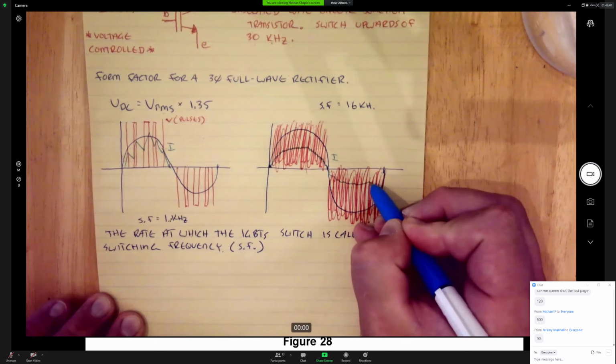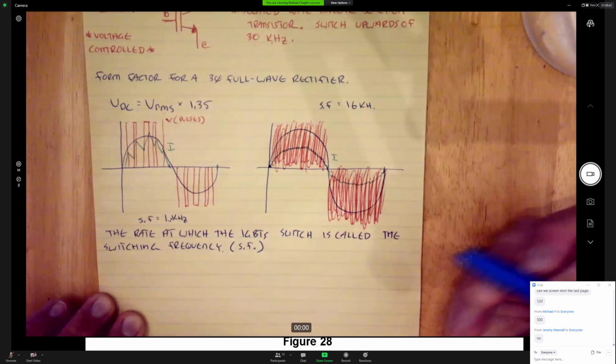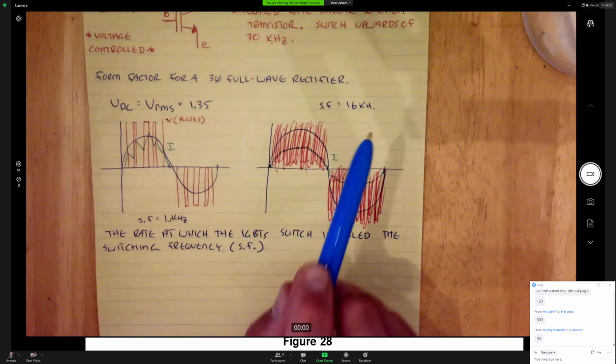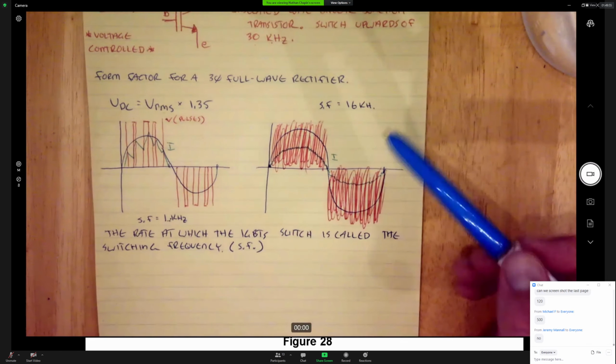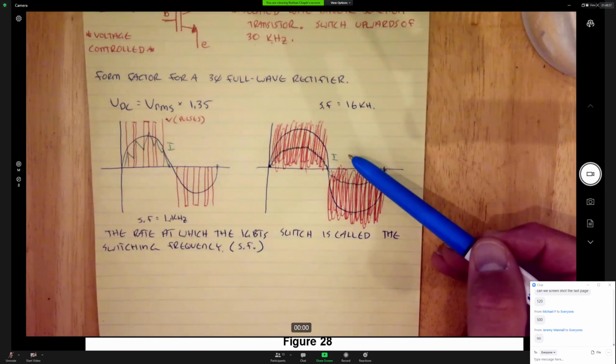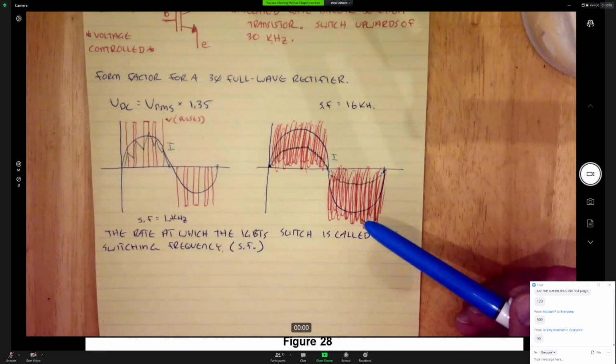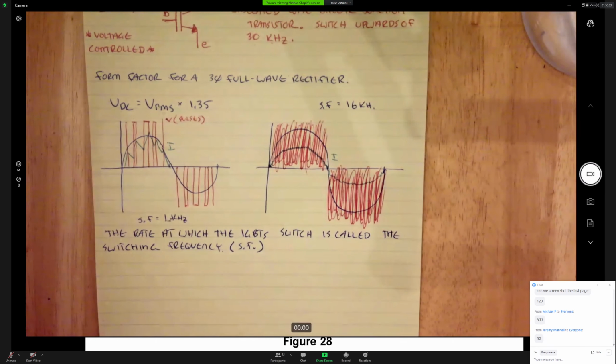And because the current is drawn more like sine wave, the motor acts as though it's just regular current that it would draw. So that is one of the benefits of having a higher switching frequency, is the current that gets drawn is more sinusoidal and your equipment runs better, runs the way that it should.